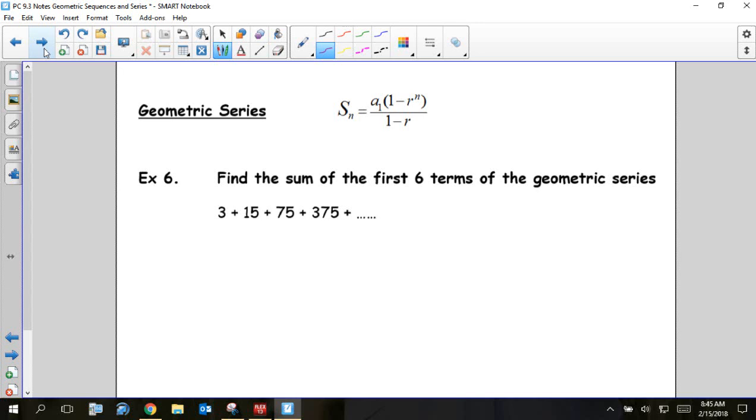The test will get harder when I put all of arithmetic and geometric on the same page and don't tell you what everything is. How do you know it's the sum with the geometric? R. The other one didn't have an R.